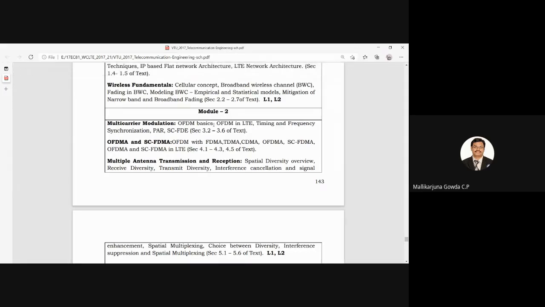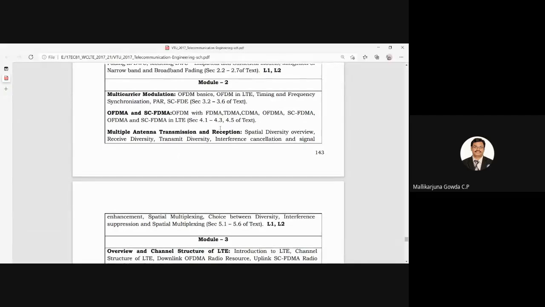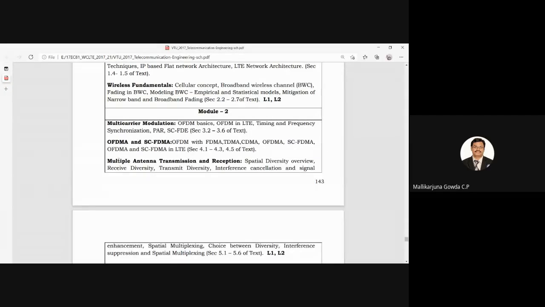So that is the second part of your module 2. And the third part of module 2 is about multi-antenna transmission and reception. As I said, this is also one of the key enabling technologies for the LTE feature, right? Multi-antenna techniques.